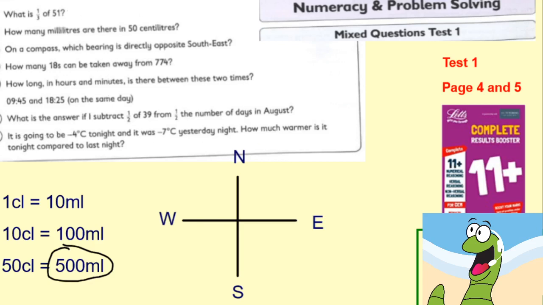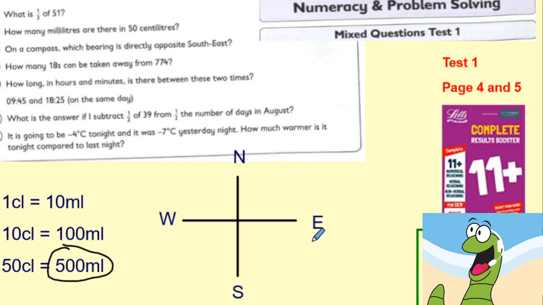Right, so I am going to draw in some different points: north, south, east, west. I always learnt it north, east, south, west. As we go around, that'll be north, and as we get closer, it'll be northeast.